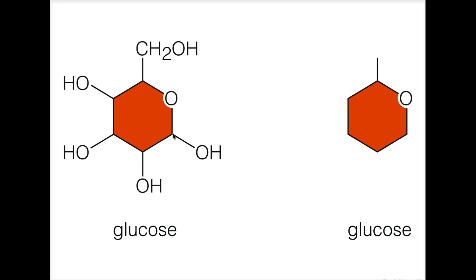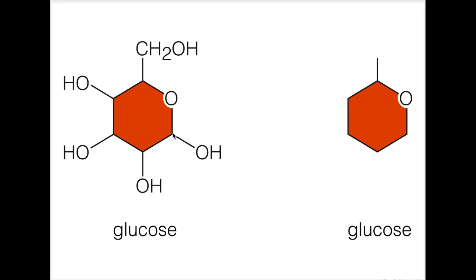And this is the ringed structure of carbon, missing all of the carbon atoms at the points of the ring. To the right, we see the same representation of glucose, but in an even more simplistic form. We've removed all of the carbon atoms, we've removed all of the oxygen atoms except the one that's in the ring, and we've removed all the hydrogen atoms.